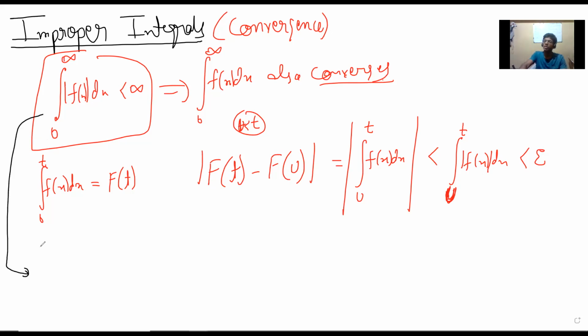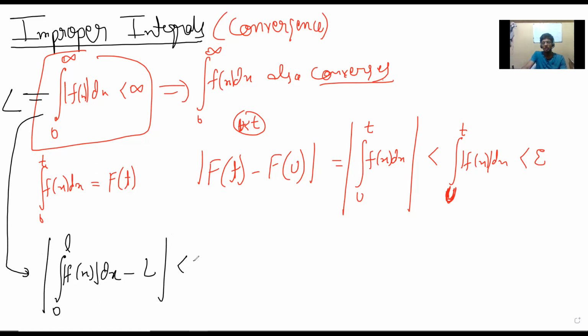Because this is less than infinity, what does this mean? This means that there's a limit L, right? There is a limit L to this. This means that given any epsilon, you can find a small l such that the integral from 0 to l of f is within epsilon of capital L, for all l bigger than some k.